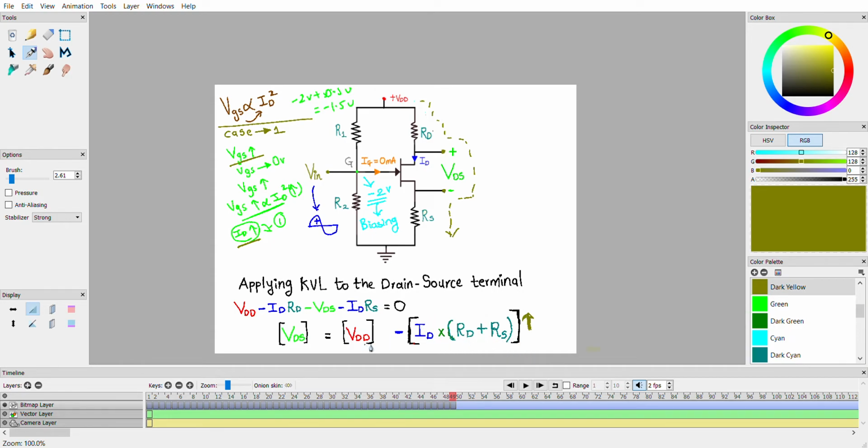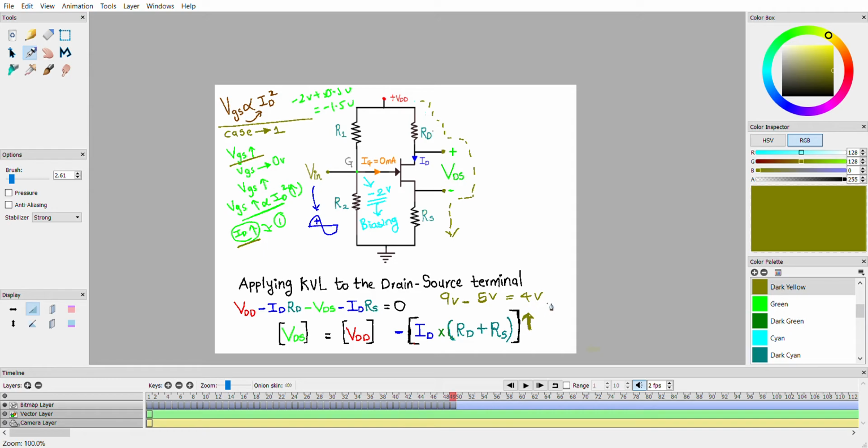Let's say VD is 9 volts, for example, and let's say the whole number, this ID into RD plus RS, is 5 volts for now. So what would be your answer? Your answer would be 4 volts. That means your VDS is equal to 4 volts.